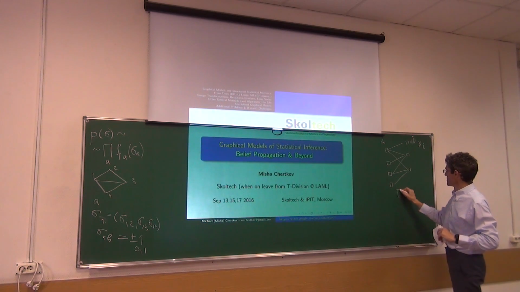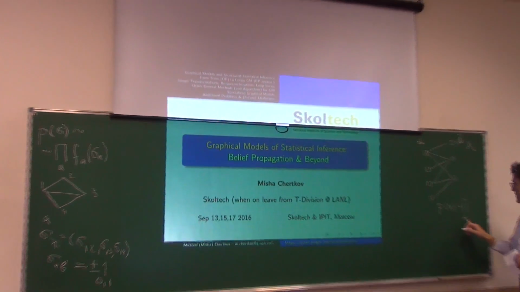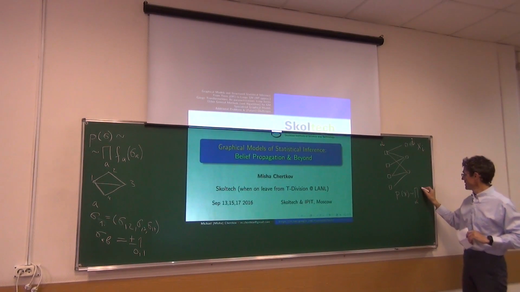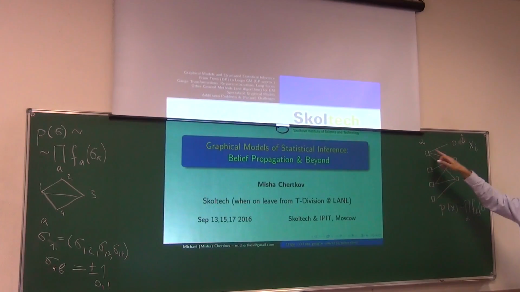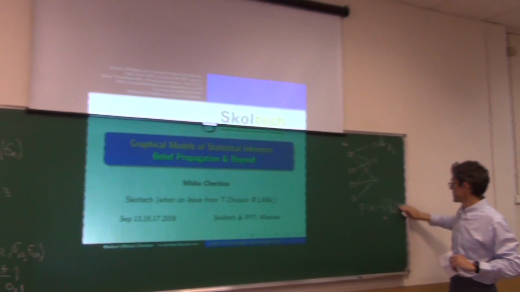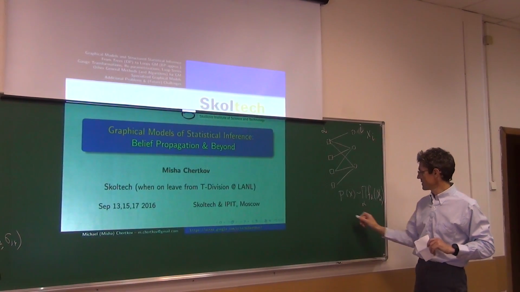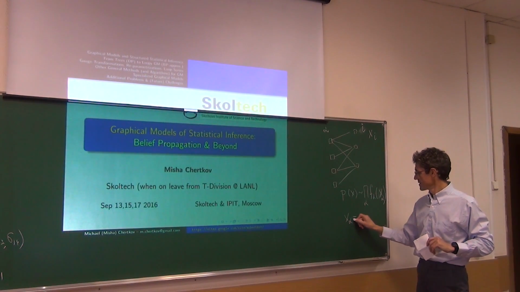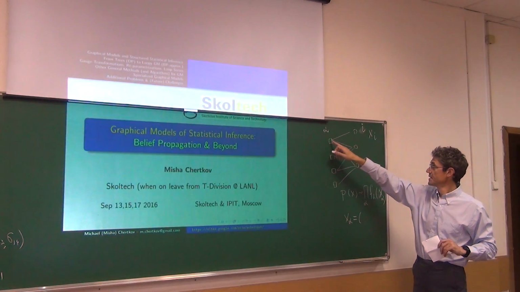Then the probability of a state x will be a product over alpha of functions indexed by alpha, where x_alpha is a vector I construct according to this graph, depending on the degree of this node.